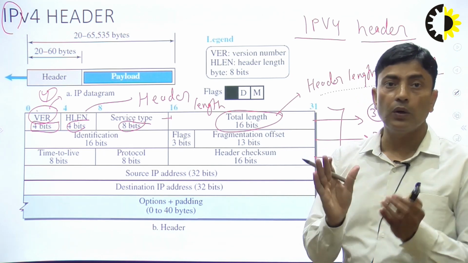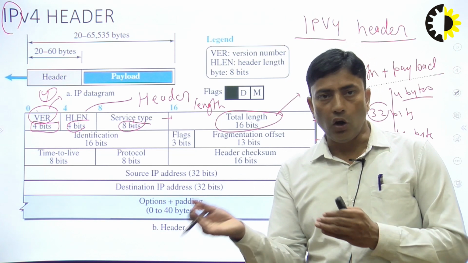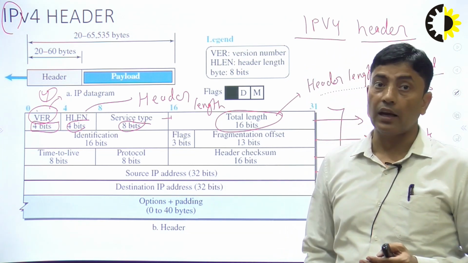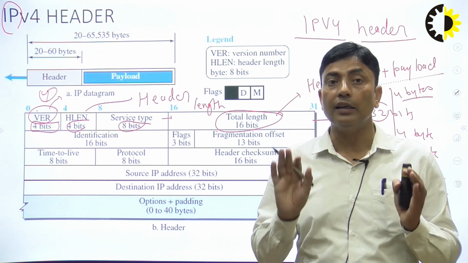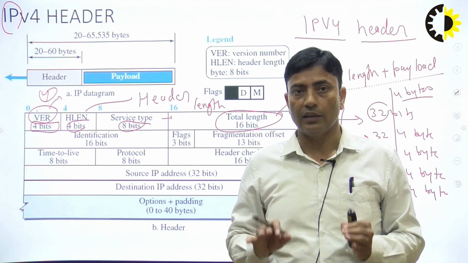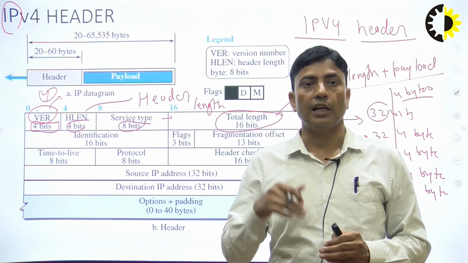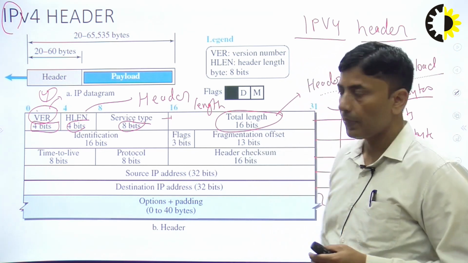Payload means the actual data that you want to transmit along with the header, because each and every packet which has data is attached with some header. The header is the information that provides the guidelines and rules for the transmission of that particular packet from source to destination.